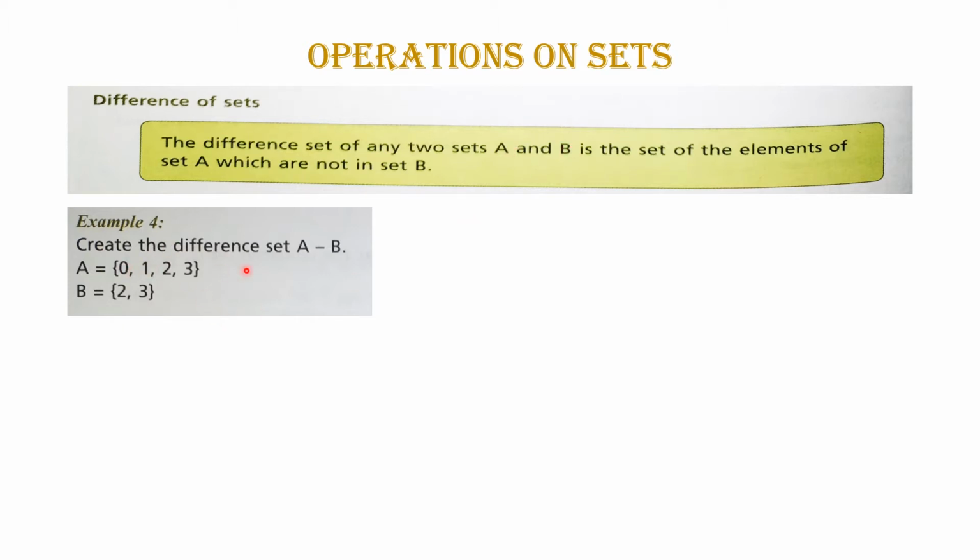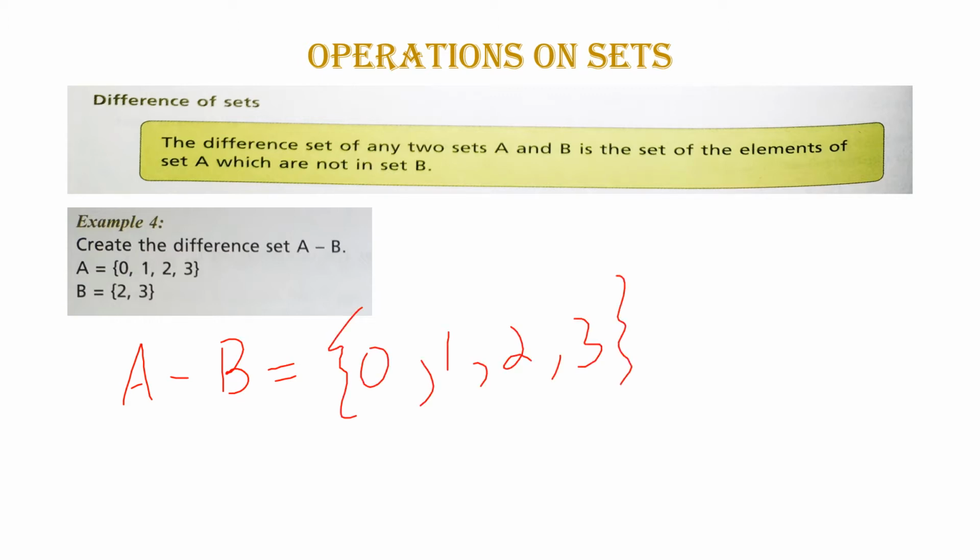Let's consider this example where we have to find the difference of sets A and B, where set A is {0, 1, 2, 3} and set B is {2, 3}. So how will you write it? A minus B is equal to, what is set A? {0, 1, 2, 3} minus B. Which elements can you subtract?